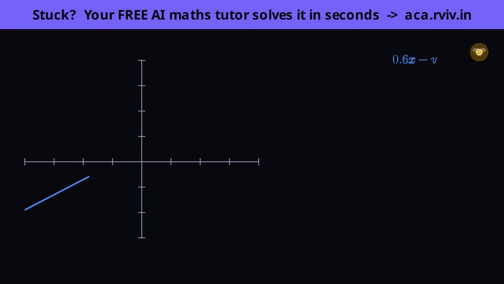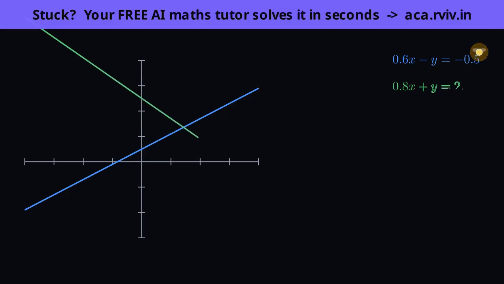Plot all those allowed pairs and you don't get a scatter of dots. Because the rule is linear, x and y only ever appear to the first power, no squares, no products. The points fall perfectly in a row. That row is a straight line. So a line isn't a picture we bolt on afterwards, it is the equation, wearing its visual clothes.